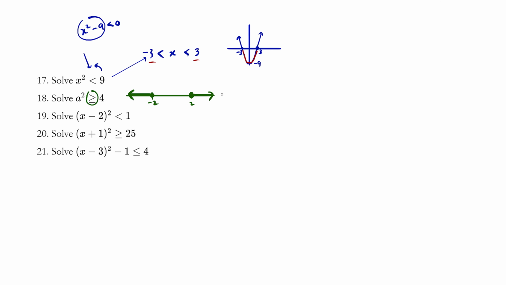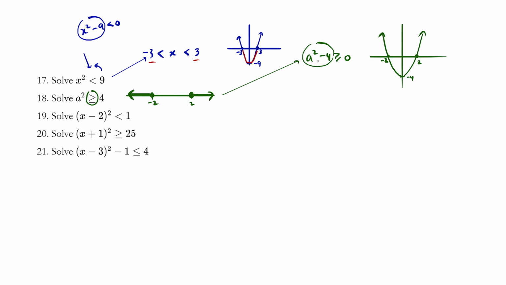So one last time, if you really want to visualize this, you could throw the 4 over. We have x squared minus 4 is greater than or equals to 0. So y equals x squared minus 4. If you really want to graph it, minus 4 would be down here. The parabola would curve up, and the x-intercepts would be 2 and negative 2.